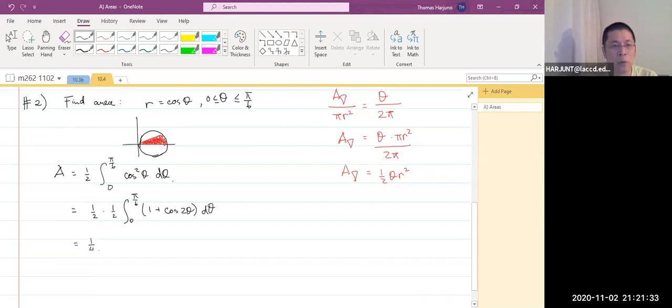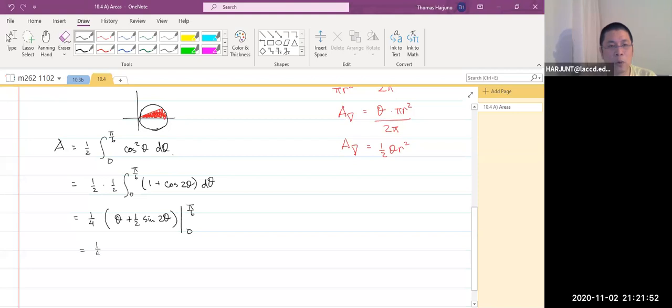That's 1/4 theta plus 1/2 sine 2 theta from 0 to pi over 6.